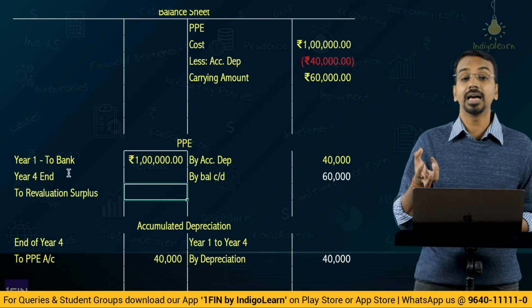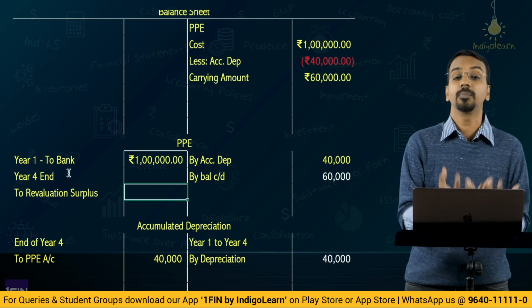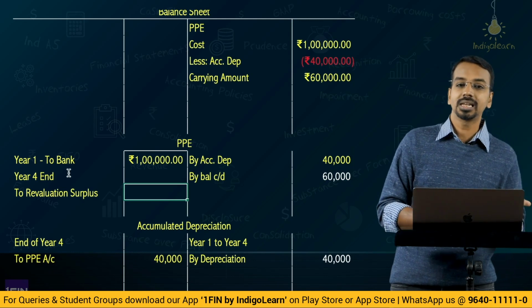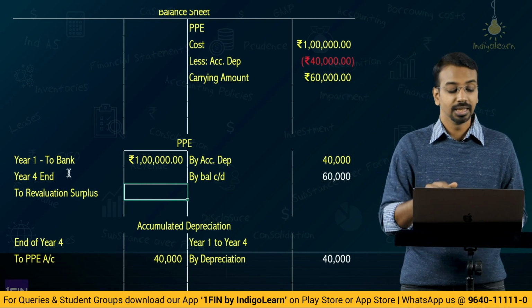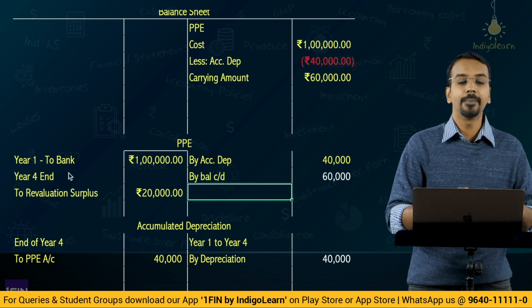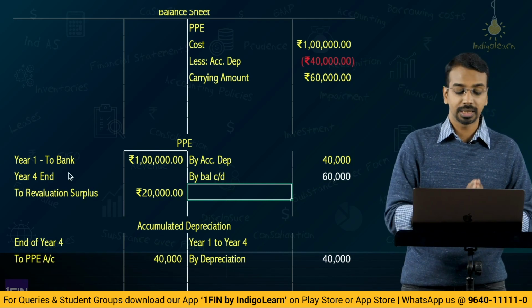You are increasing the value of PPE. You are adding 20,000 to the value of PPE. You will debit the PPE account and you will credit the revaluation surplus. This revaluation surplus will be shown under other comprehensive income under equity. How much is the revaluation surplus? 20,000. So, you debit the PPE account and you credit the revaluation surplus by 20,000.